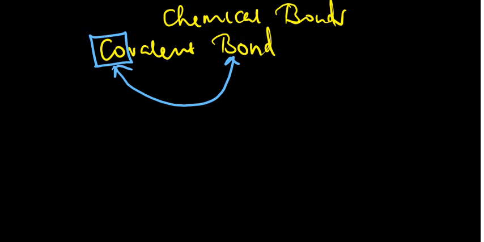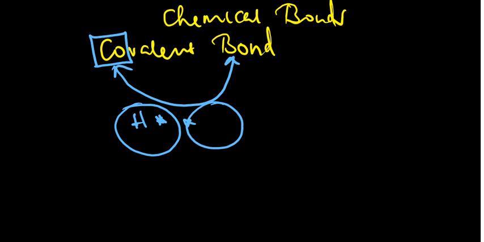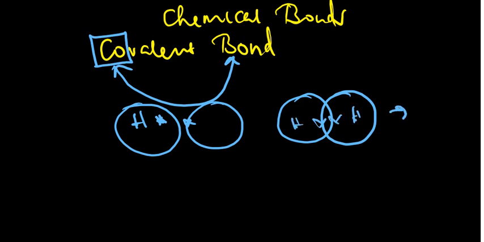So for example, hydrogen has one electron, and another hydrogen also has one electron. These two atoms are going to share electrons in order to form a bond, which is the hydrogen molecule.